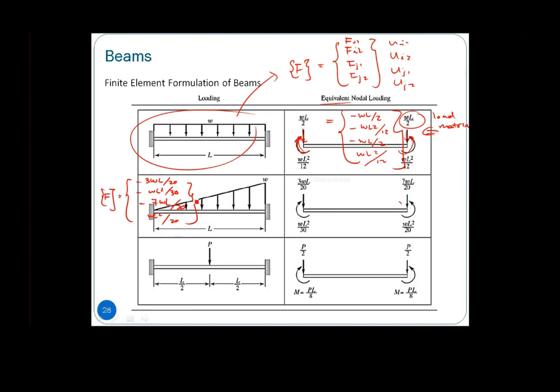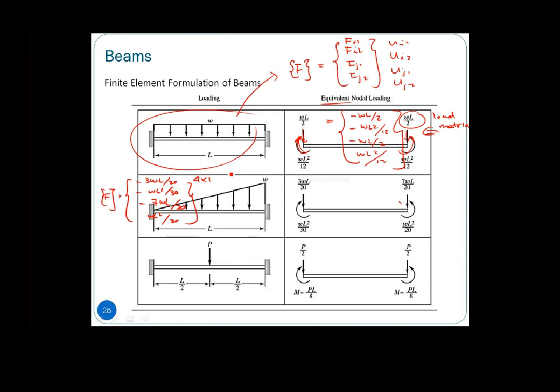So that is our load matrix of one element, a 4 times 1 matrix. Same with this concentrated load applied at the midpoint, we have P over 2, and M equals PL over 8 for the moments.